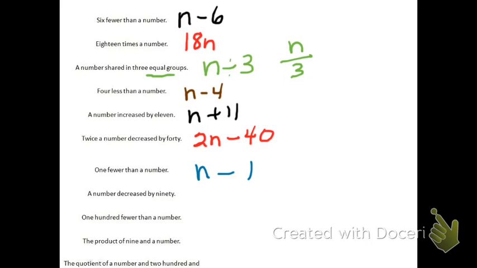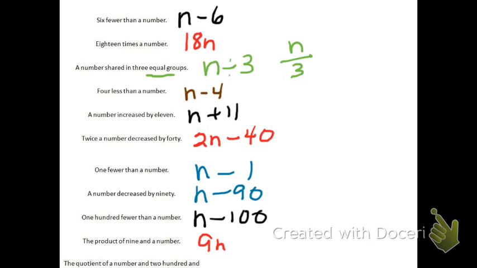A number decreased by 90, we could use n minus 90. 100 fewer than a number is going to be a number minus 100. The product of 9 and a number, you can write that as 9n.